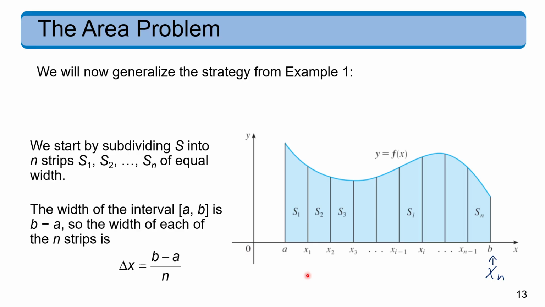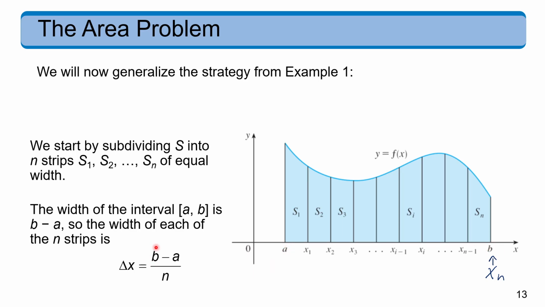Now we can go ahead and calculate a formula for the width of each of these, and they all have equal width. The way we're going to calculate it is we'll take the entire length from a to b and divide it by n, and that will give you the width of n equal pieces. So the length of the entire interval from a to b is just the right endpoint minus the left endpoint.